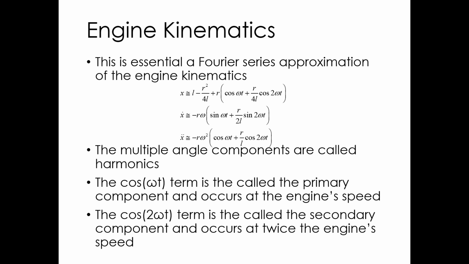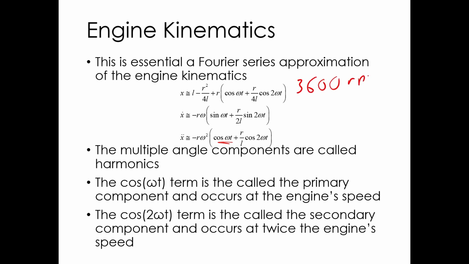That's what you're going to get in the engine case: an acceleration, and hence a force, at the frequency the crank is running at. But then you're going to get this harmonic at twice the frequency. What do I mean by frequency? Think about an engine at 3600 RPM.